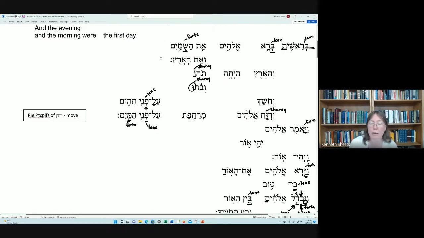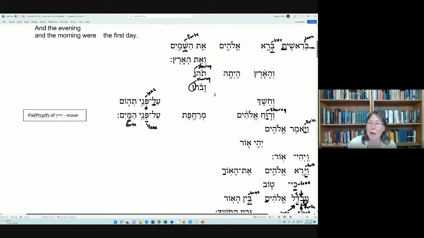That's why I went ahead and drilled the different begad kafat letters as we were going through this. But Hebrew is, in fact, a very, very regular language. And so if you apply the rules, you begin to really see the language unfold in that way.